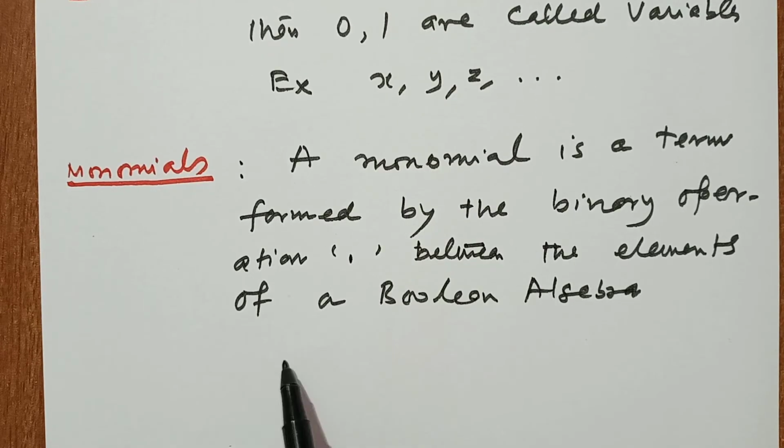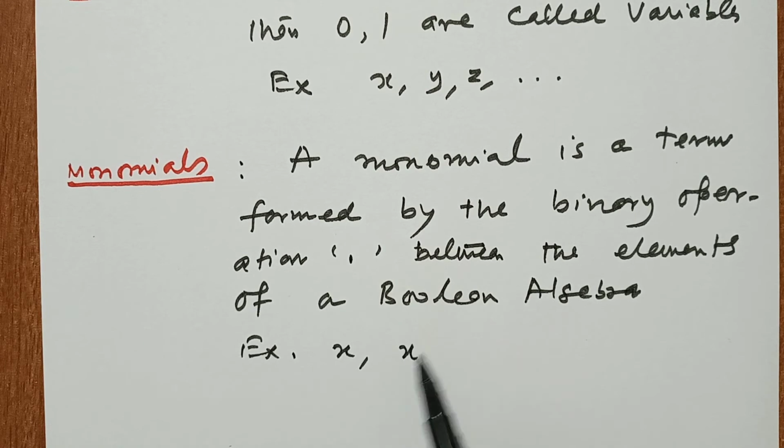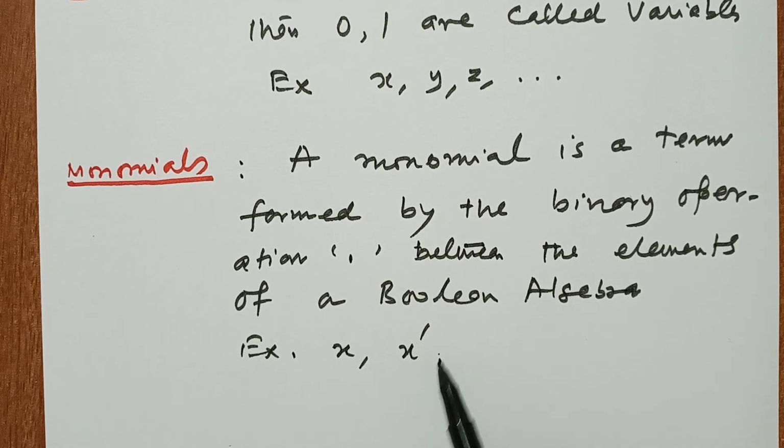For example, x dash, y dash, single variables, are also monomials.